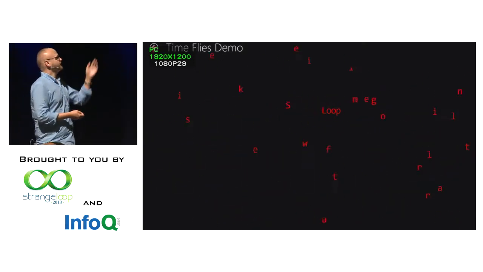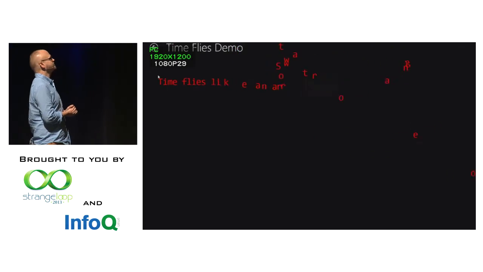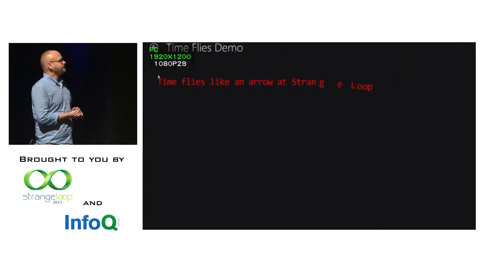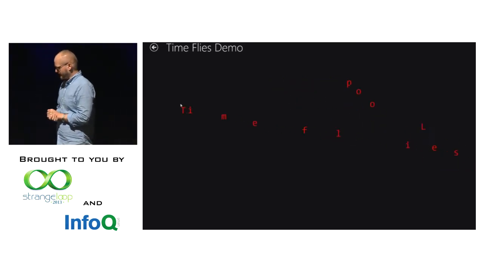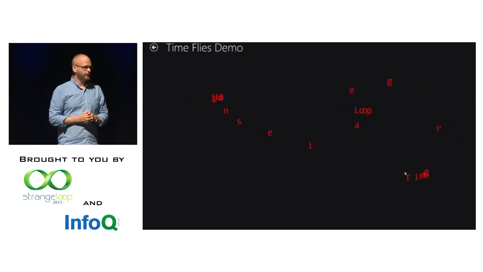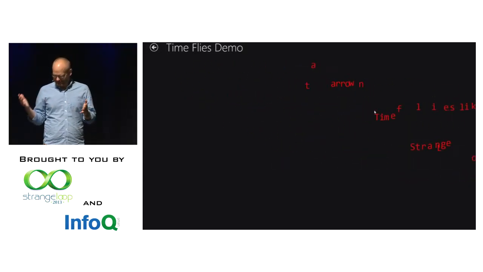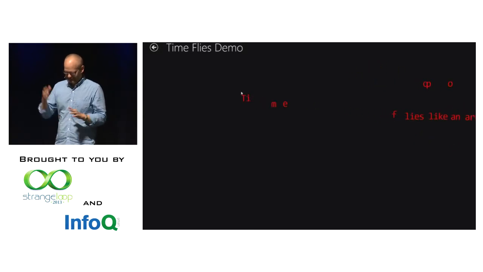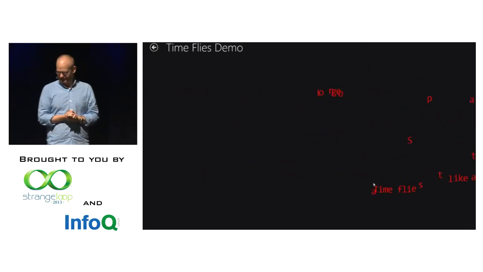We have some text here that says "time flies like an arrow at Strange Loop." And all we're doing is creating a loop for each individual letter and delaying on each one in one single query. That's all we had to do. Now, if we hadn't done this, what would we have to do? We'd have to have some weird setTimeouts and all of that instead of a nice fluid syntax.